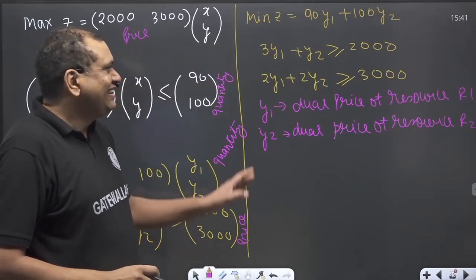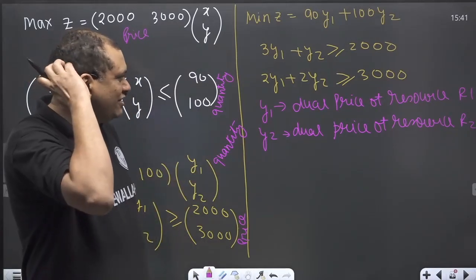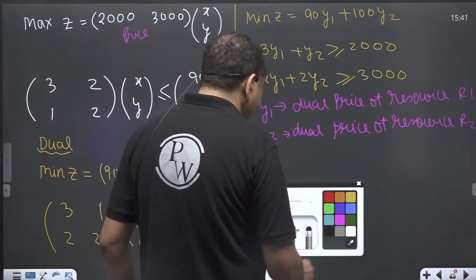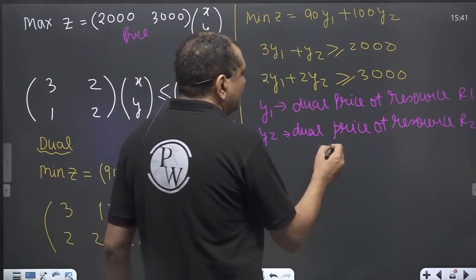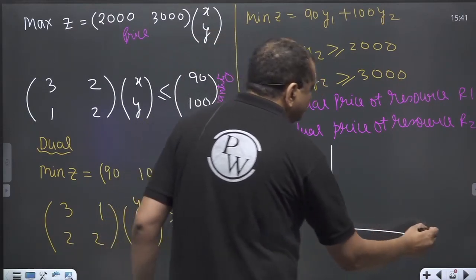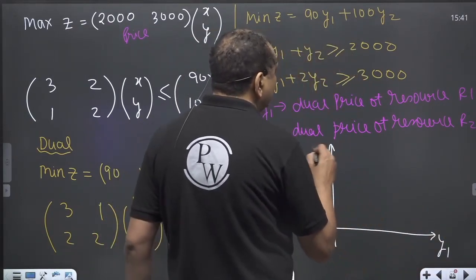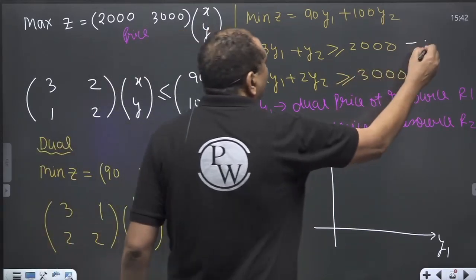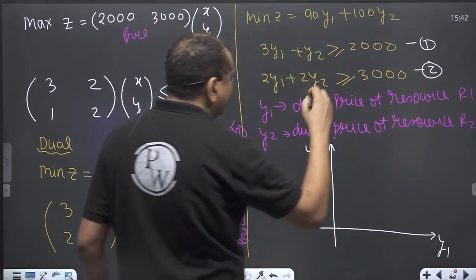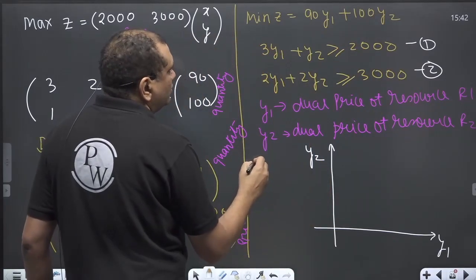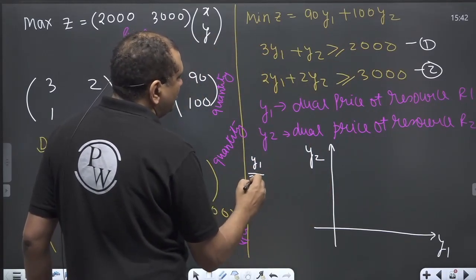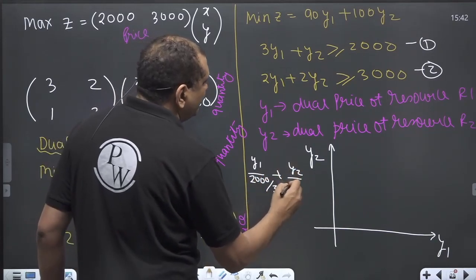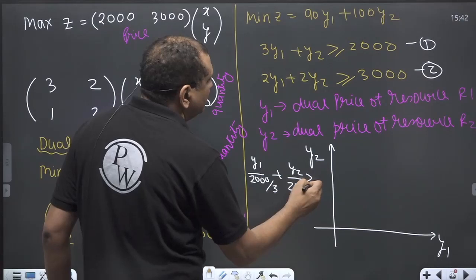All right. Now you can solve it by graphical method. Graphical method will be easier here. So y1, y2, first constant, second constant. So y1 divided by 2000 by 3 plus y2 divided by 2000 greater than or equal to 1.